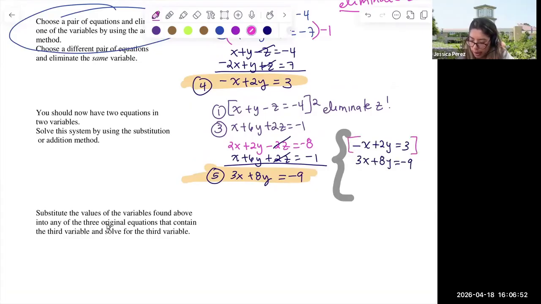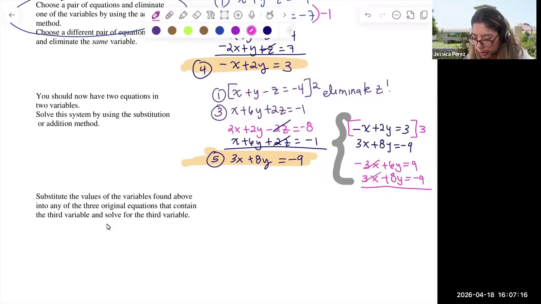So I'm going to multiply that equation by a +3. If I multiply it by a positive 3, I'm going to get -3x plus 6y equal 9, and then 3x plus 8y equal -9. So here I get 0, 14y equals 0. That gives me y to be 0.